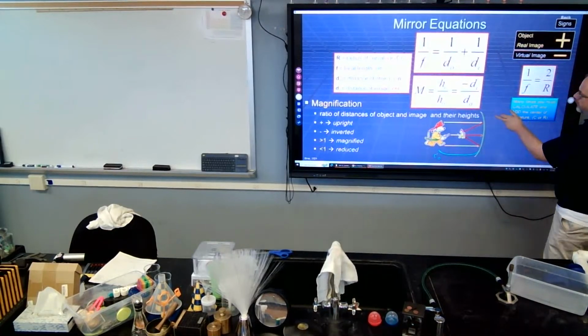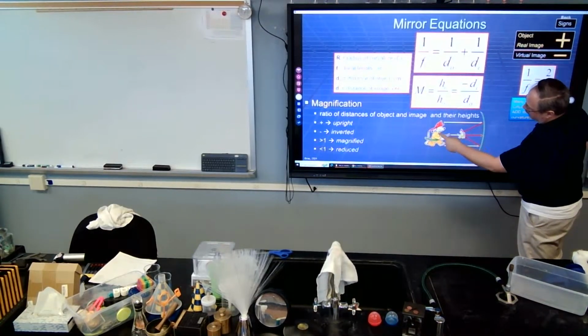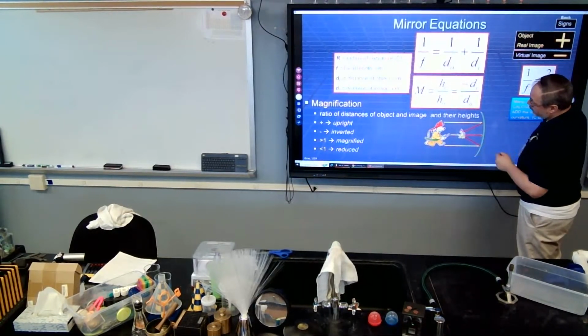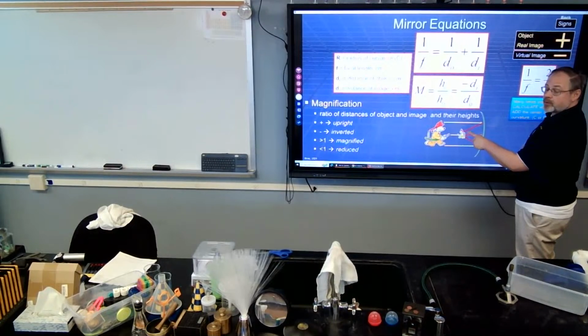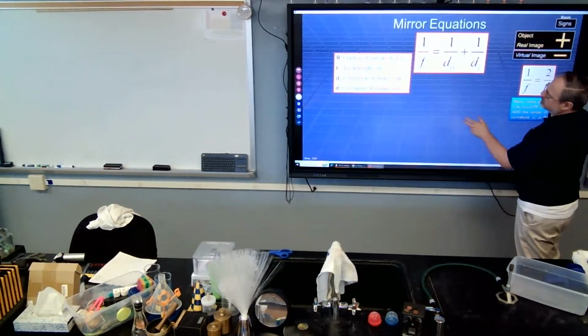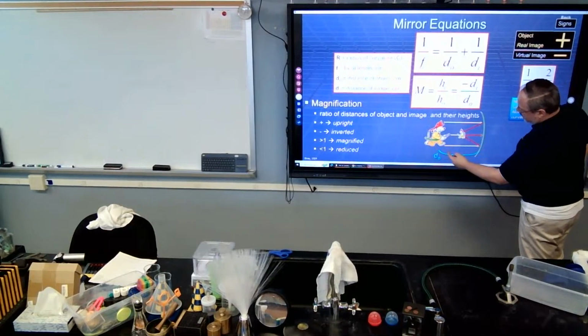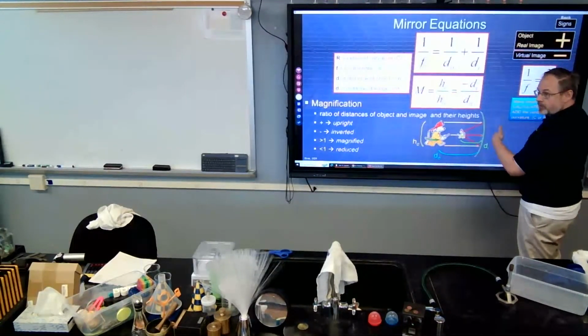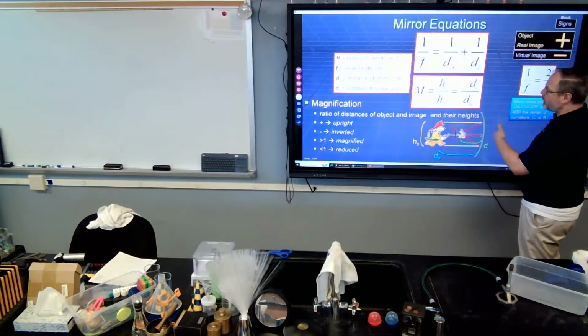Okay, so let's label a few of these. Here's our object. Here's our image. This is a what mirror? Concave, which means the F is going to be positive or negative? Positive. This is the distance of the object, always measured to the same point, perpendicular to the principal axis.